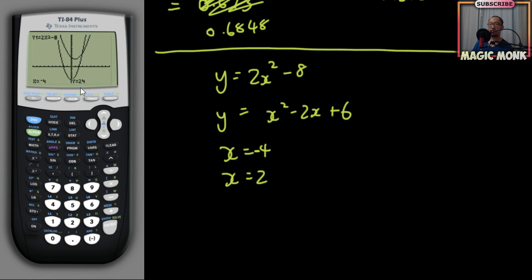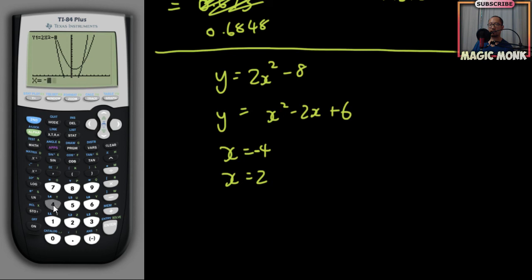When x is negative 4, y is 24, so I can't even see it right now. Let's go to y max 30, and y min is negative 5. Okay, so let's go to trace.